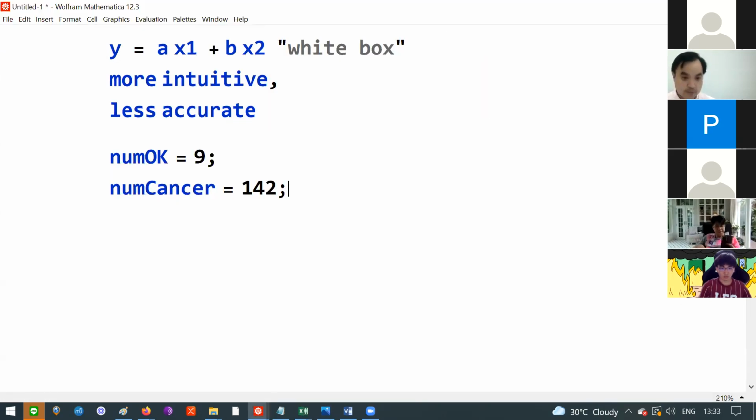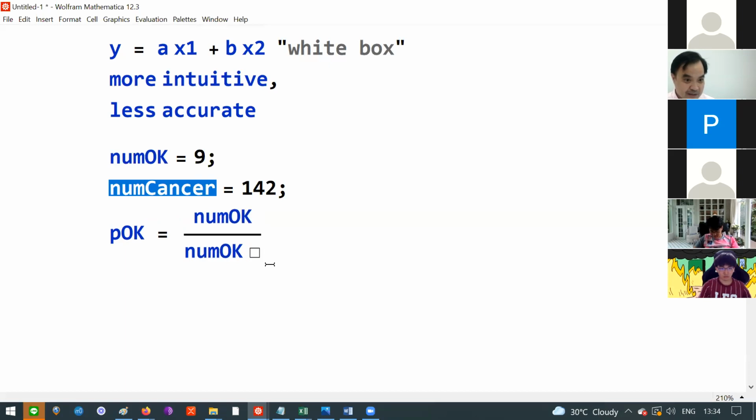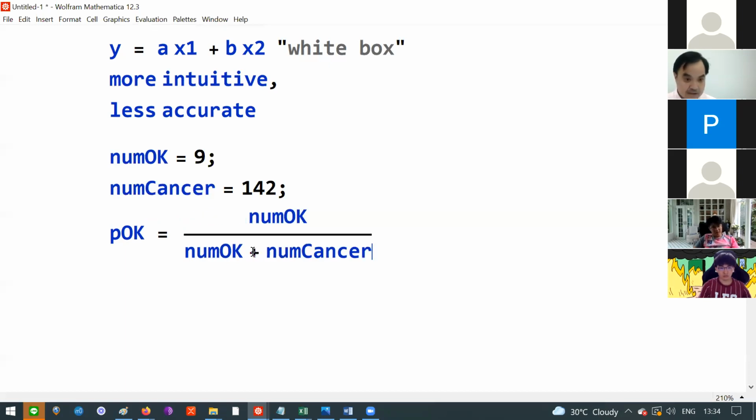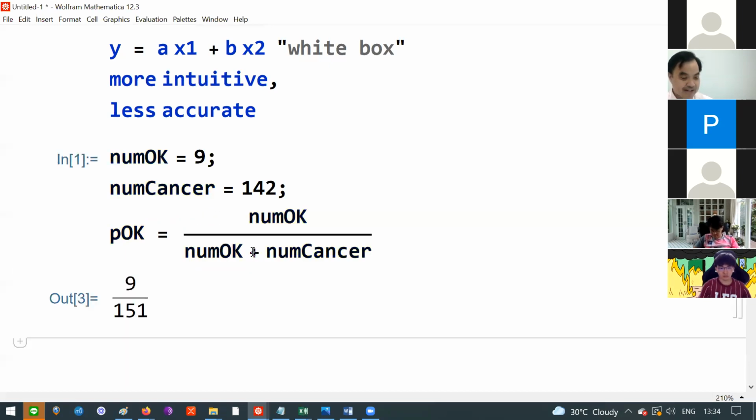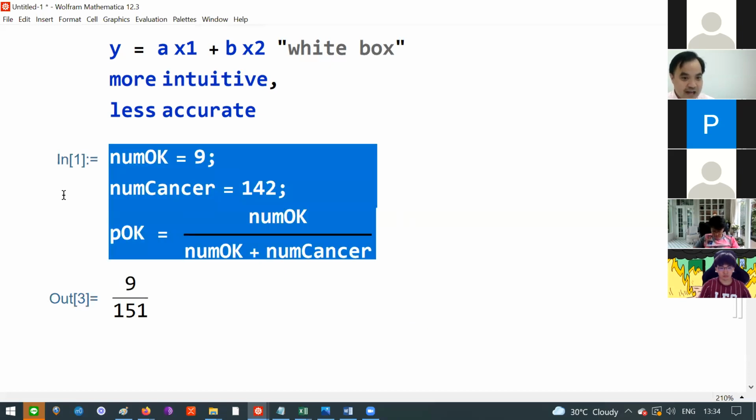Now, the proportion of OK is equal to 9 divided by the total.